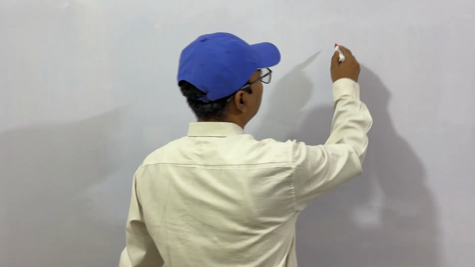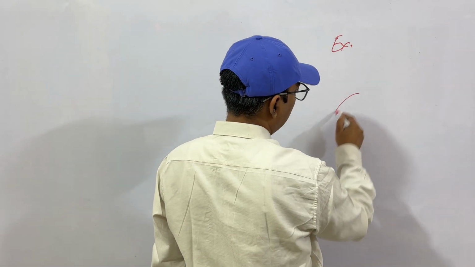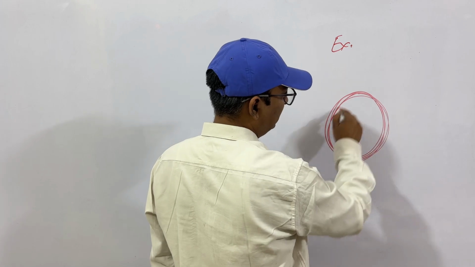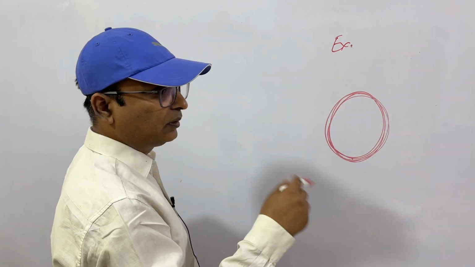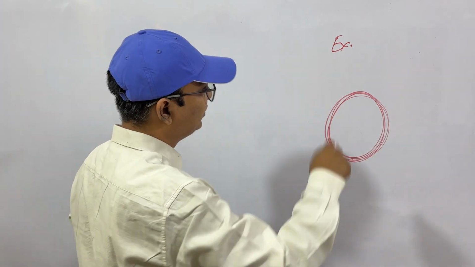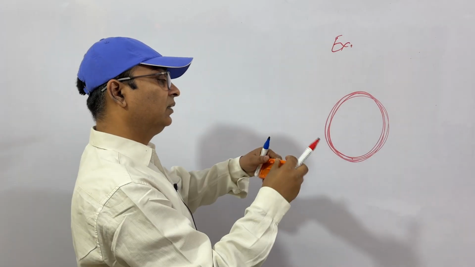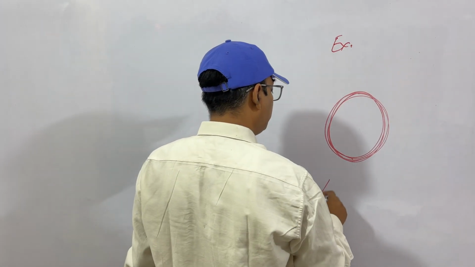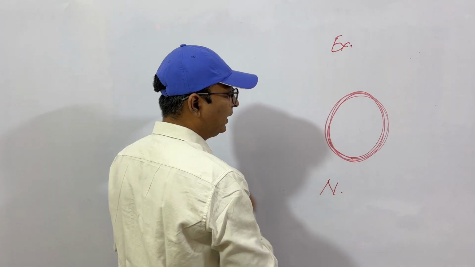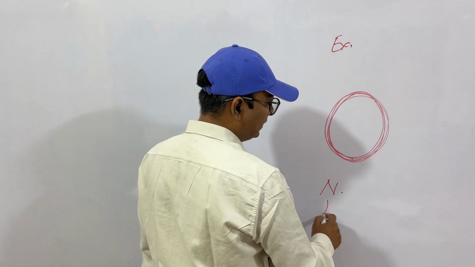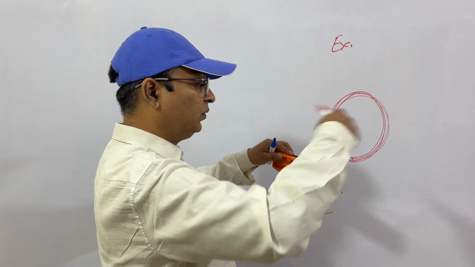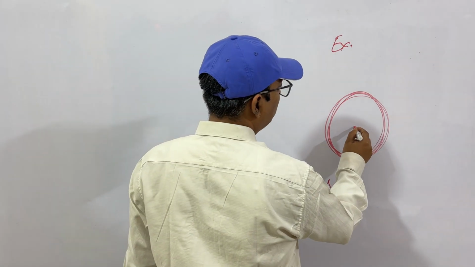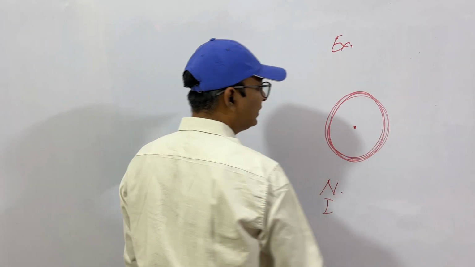Let's understand one more example. We have a coil. The number of windings, the number of turns: if a wire is taken and wound like this again and again, let that number of turns be n, and the conductor carries a current I. The question is, what will be the magnetic field at its center?